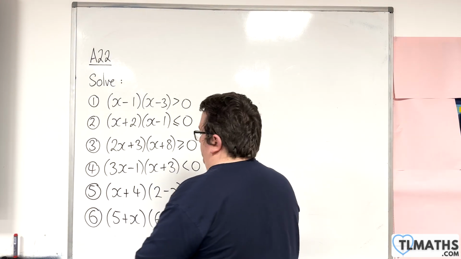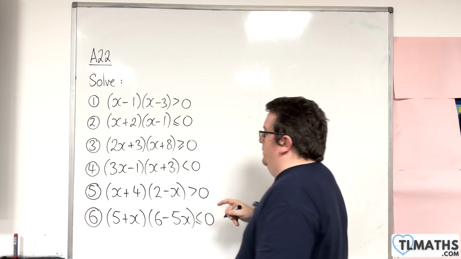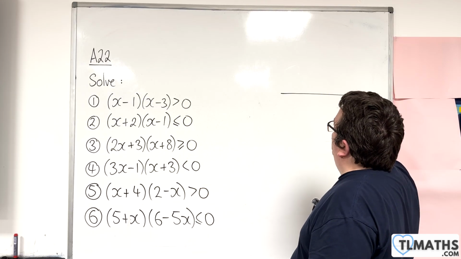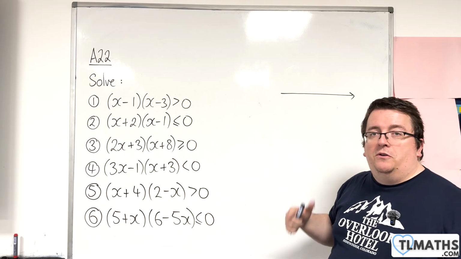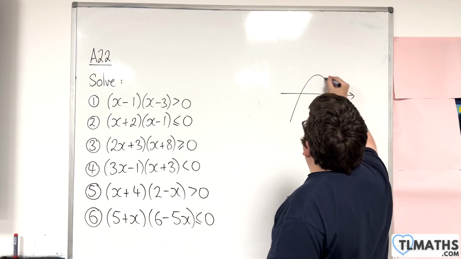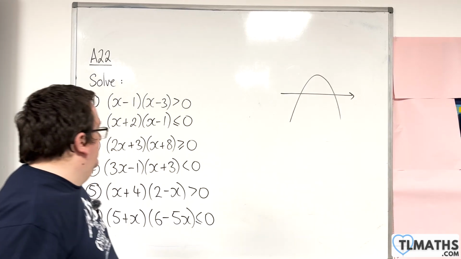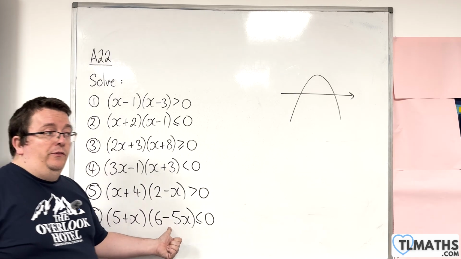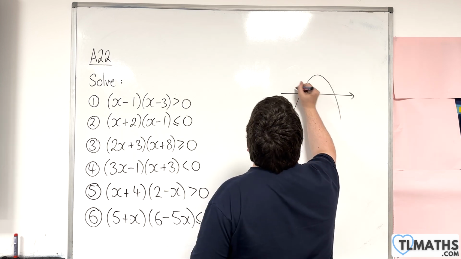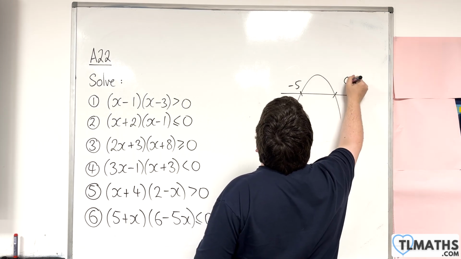And the last one, let's draw ourselves an x-axis. If I multiply this out, I'd have an x times a minus 5x, so minus 5x squared. So it's a sad face parabola. It's going to be going through minus 5 and 6/5. So minus 5, 6/5.